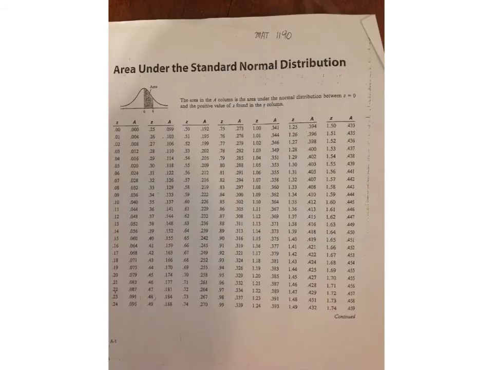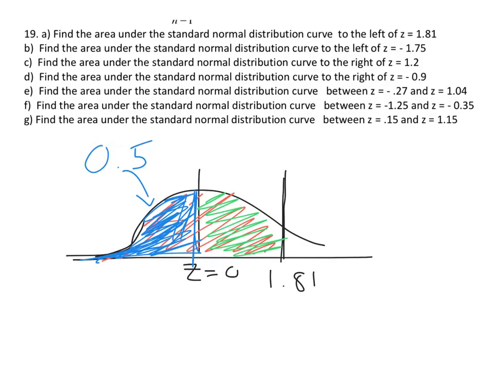0.465. And here's the front of the table, which I just wanted to bring in to show you, to recall that everything on the table is giving you the area between 0 and a given z value. So the value that we just looked up for 1.81 is giving us that shaded area between 0 and z. So what we found from this table is that the green area is 0.465.